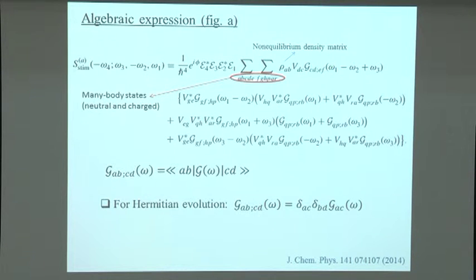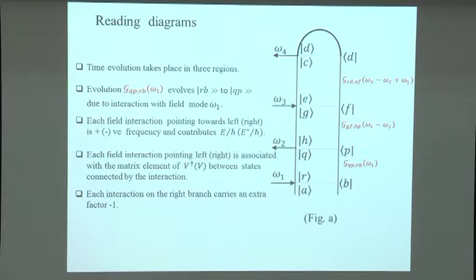Once I have this diagram, the first one here, what I can do is assume that my system starts from some general state AB, and then it interacts and goes to some other state. In the same way, you can label all these states.